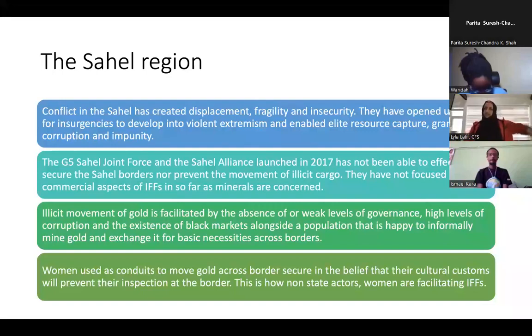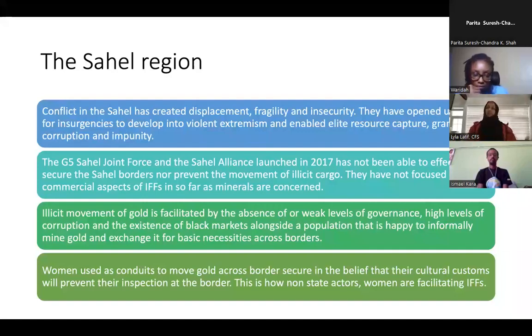So illicit movement of gold, for example, in this region, is facilitated by the absence of or weak levels of governance, high levels of corruption, and the existence of black markets, alongside a population that is actually happy to informally mine gold and exchange it for basic necessities across borders.